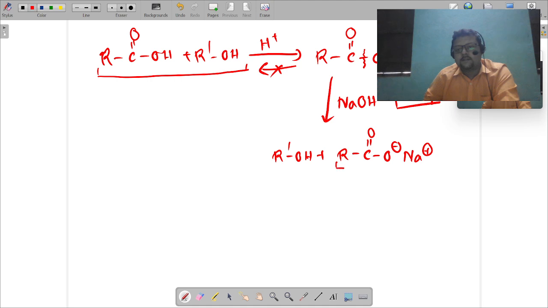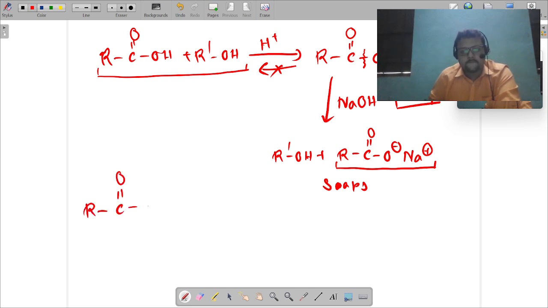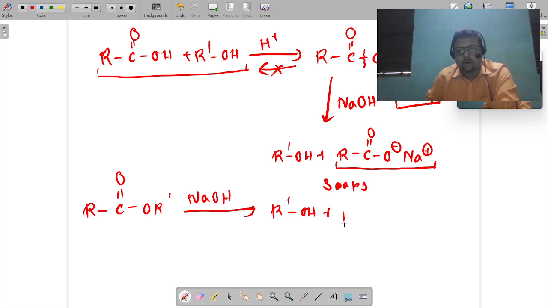Now this product is used in soaps, and hence the reaction of an ester with an alkali, let's say NaOH, or it can be KOH also, to form the alcohol and the sodium salt of the given carboxylic acid is known as the saponification reaction.